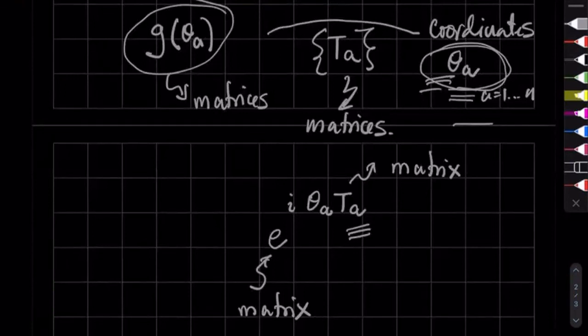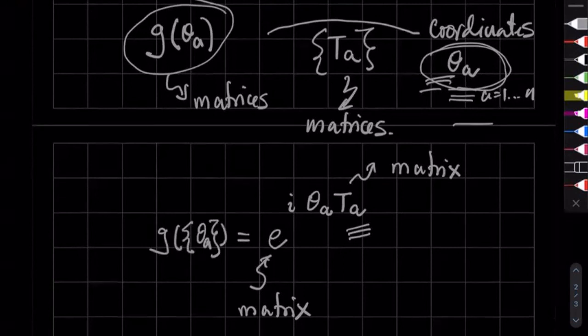So this we identified to be the group element, which is a function of the theta A, but what I mean is the whole set of thetas. Maybe if I were to be a mathematician I should use the set notation.